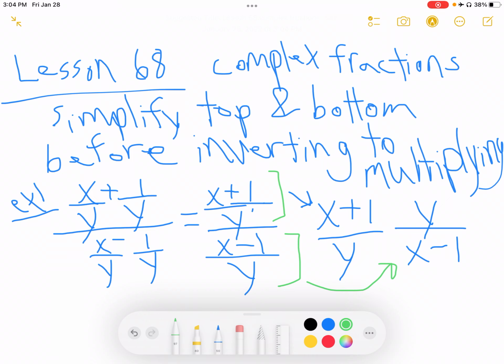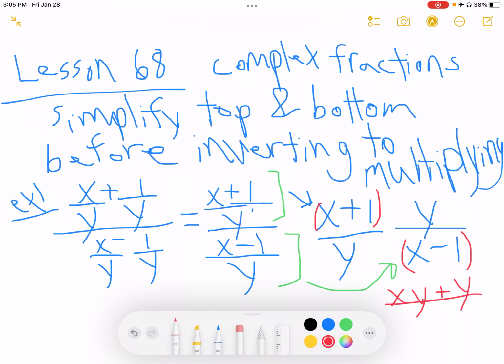Okay, so then if we're going to multiply this across, the only thing that we need to be careful of is that we put a parenthesis. Oops, that parenthesis is not very smooth there. So a parenthesis around this one, and then a parenthesis around this one to multiply it. Okay, so then for this top part of our fraction, we just get xy plus y.